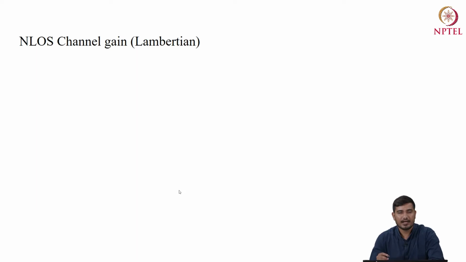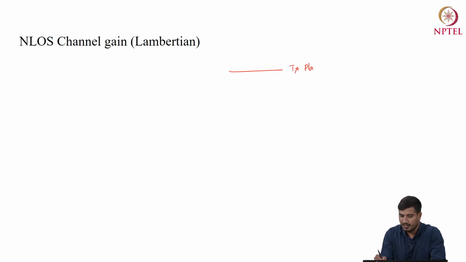Now earlier we calculated the line of sight channel gain. Now we are going to calculate the non-line of sight channel gain with the help of the Lambertian model. In the Lambertian model, as I have shown you earlier, if this is the transmitter plane and this is the receiver plane, and this is the wall and you have this PD, the LED is mounted here, transmitting with the semi angle value of pi/2. The non-line of sight received signal will be like this.